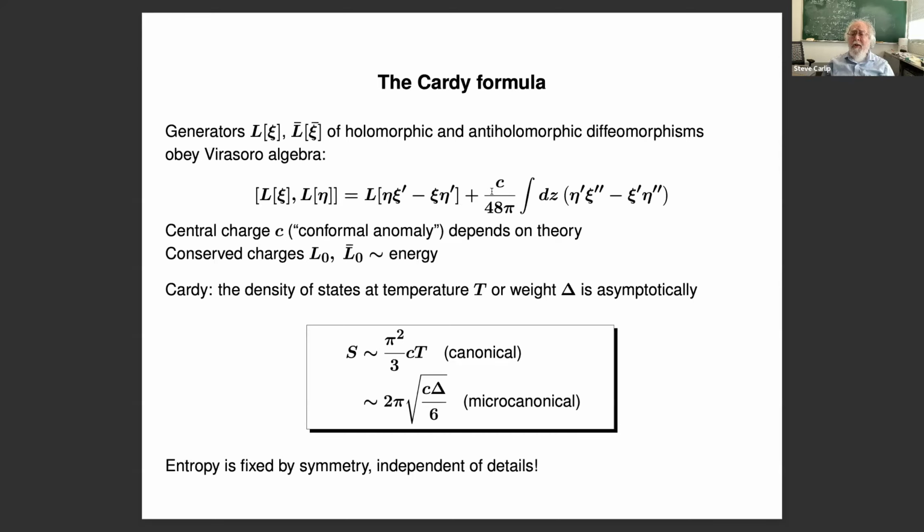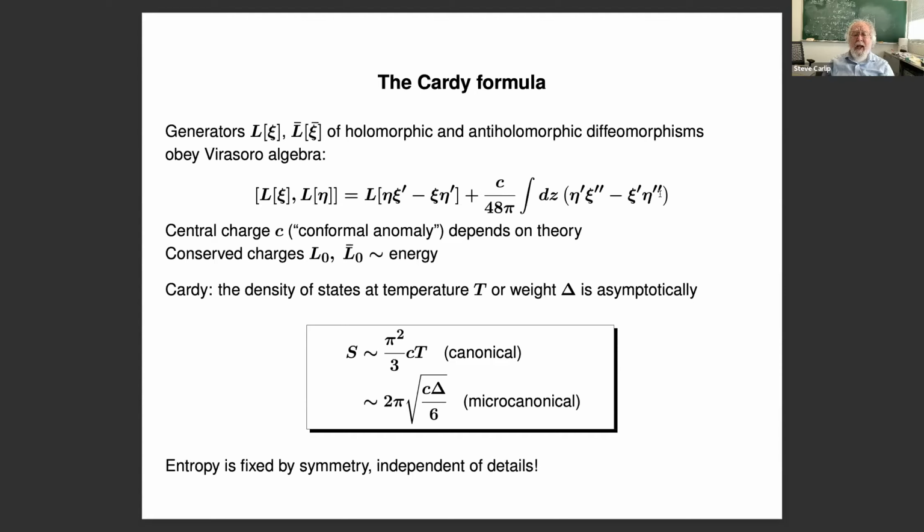There is a possible additional term, a central term, or a conformal anomaly, which doesn't depend on the fields in the conformal theory. It just depends on the parameters that label the diffeomorphisms.